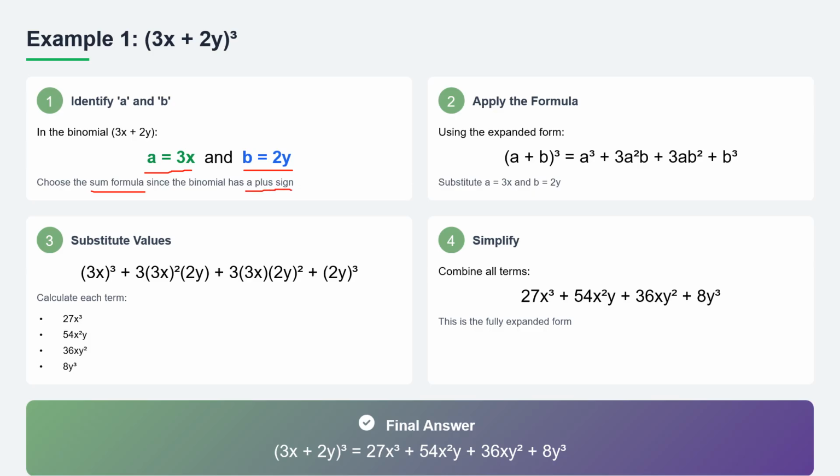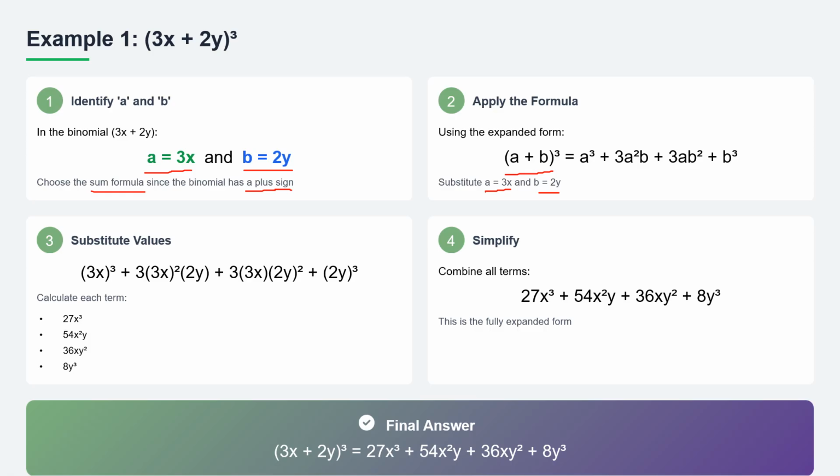Next, apply the formula. Using the expanded form, a plus b raised to 3 equals a cubed plus 3a squared b plus 3ab squared plus b cubed. So we are going to substitute a with 3x and b with 2y. Next, we substitute values.